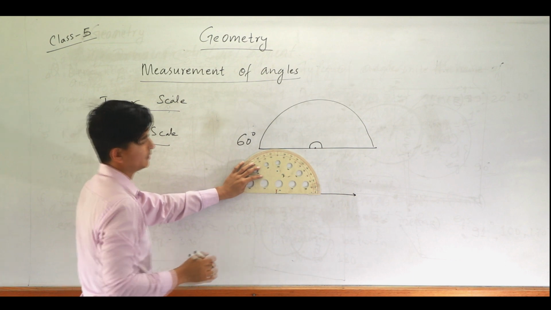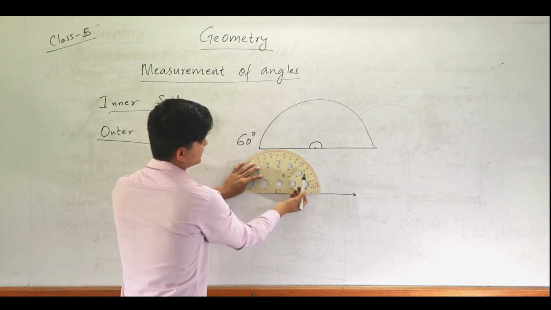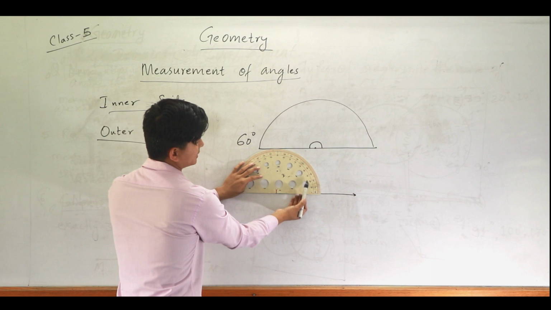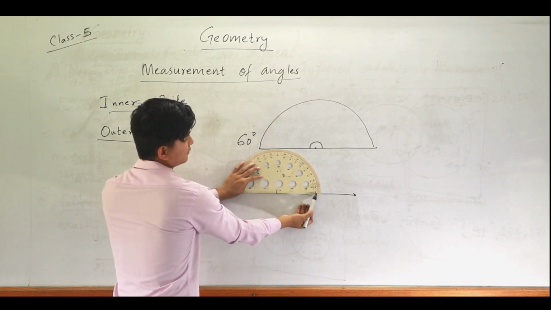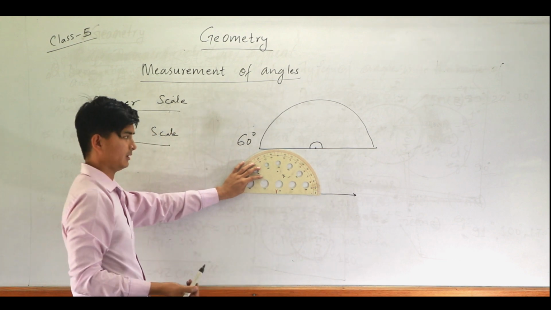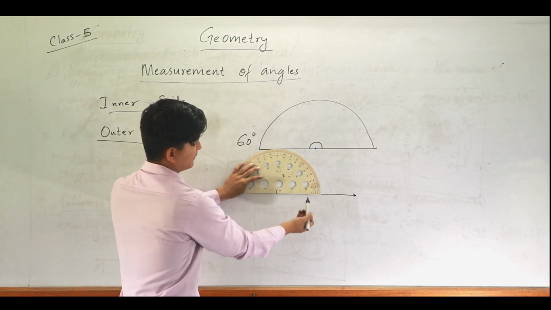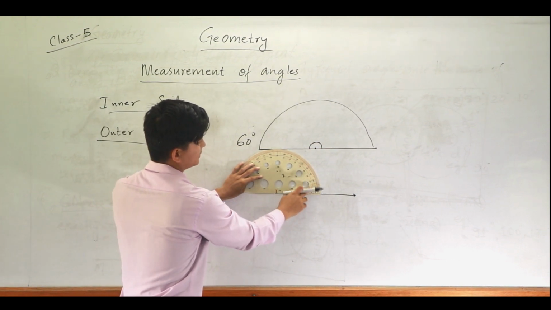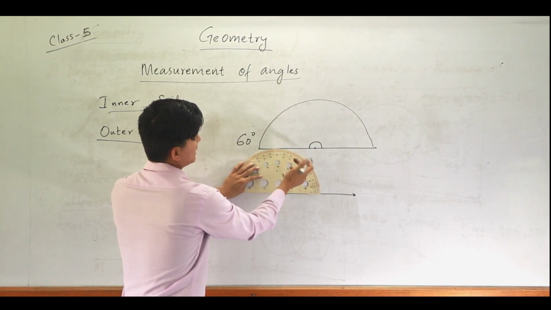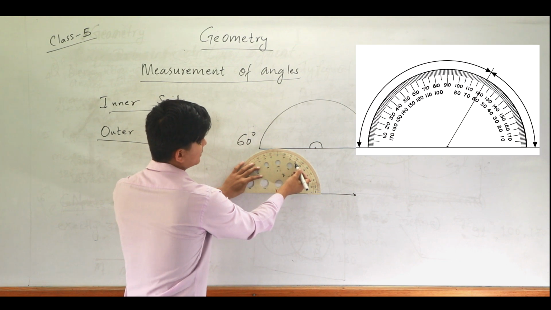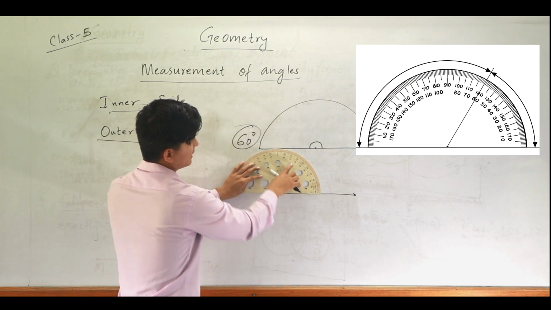For that you have to go from 0 to 60. Don't go from 180 because it will be wrong. You cannot do it in a decreasing or descending way. You have to go in ascending. So 0, 10, 20, 30, 40, 50, 60. 60 is here and 120 also here. But what I have to find out is 60 degree.